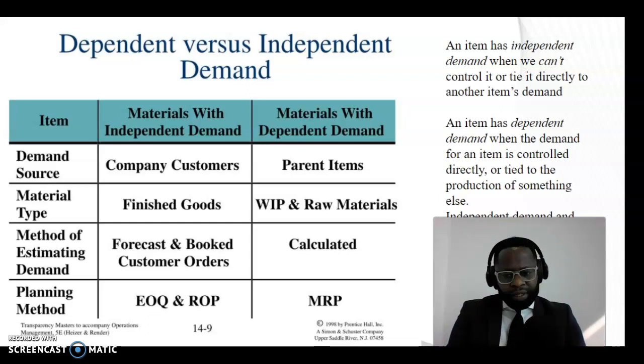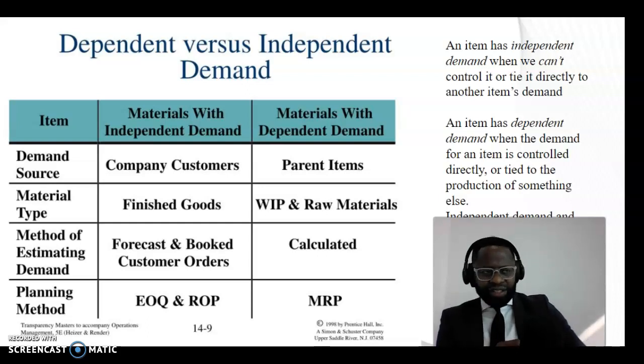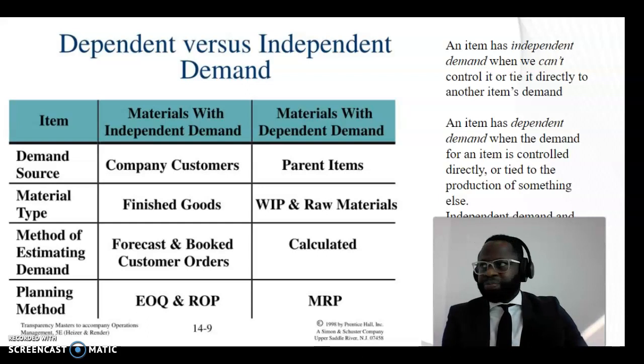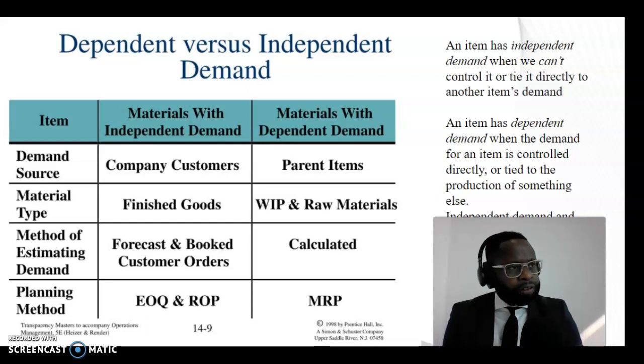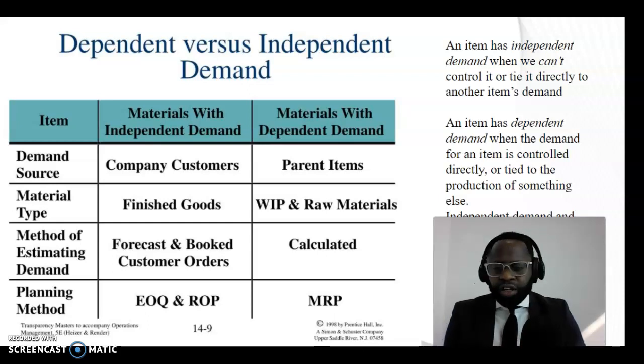Now, independent demand items are not associated with a manufacturing type of setting. So, in other words, let's say I own a store, and in that store I sell cell phones, I sell face masks, I sell so many different things, right? I sell eyewear, so a wide range of items. Now, I'm not manufacturing these items, right?